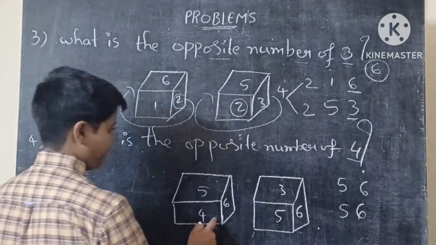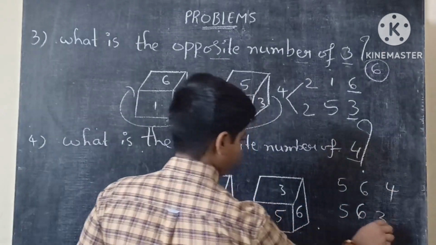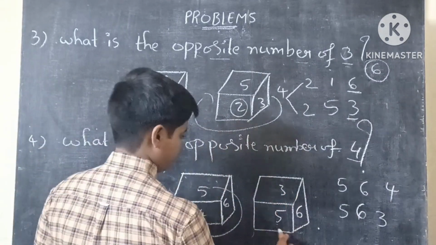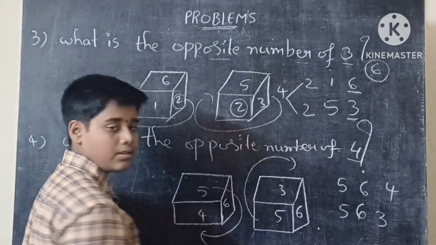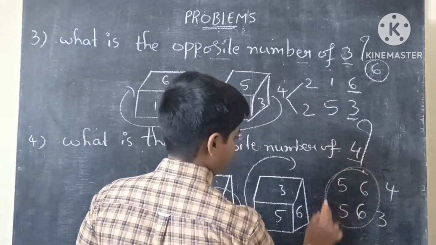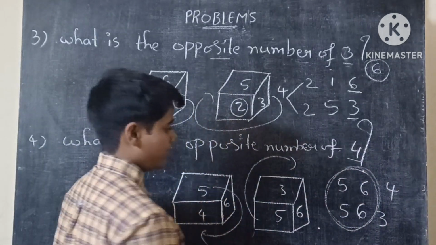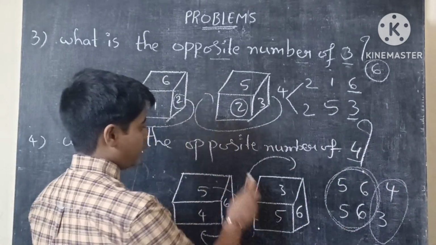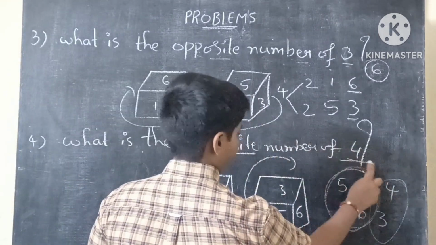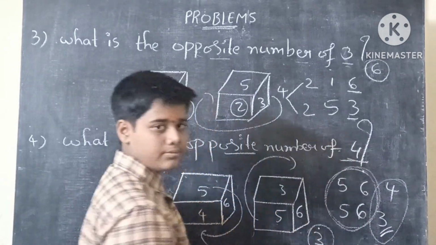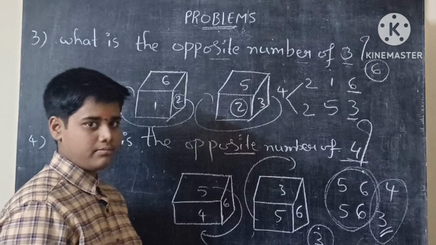The remaining are 4 here and 3 here, clockwise. These two numbers are common, so the remaining numbers are opposite to each other. They are asking for the opposite number of 4, so here 3 is the answer. So this is the fourth question.